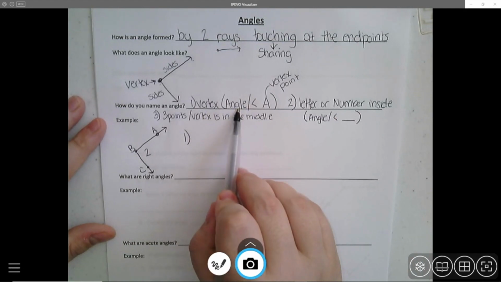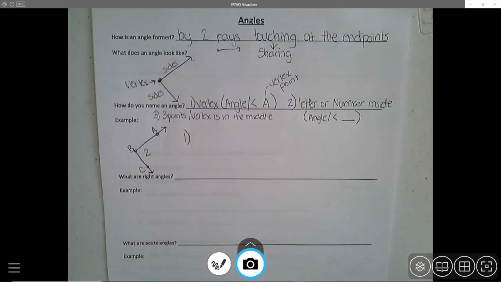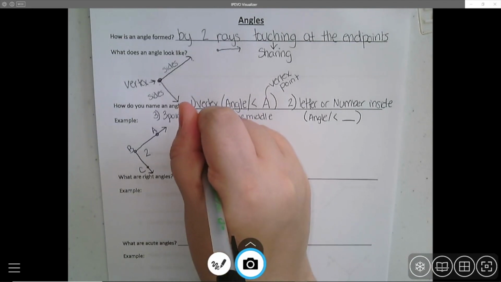A lot of times you rarely see them written out as the word angle this way. They like to use the symbolic form of angle. The more you learn in mathematics, the more you learn mathematicians like to be lazy. The easy way out is the way to go. So that's why they use the angle symbol.